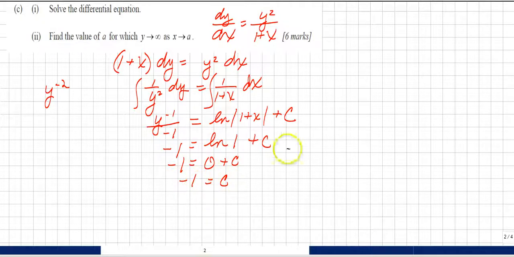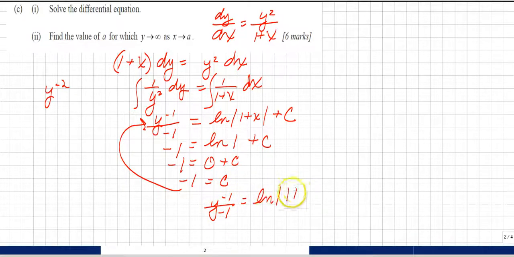So the final result, almost final, we'll clean it up a little bit. We'll take negative 1, put it back into this line, and we get y to the negative 1 over negative 1 equals the natural log of the absolute value of 1 plus x, minus 1. Now let's clean that up, so that'd be negative 1 over y equals the natural log of 1 plus x, minus 1.